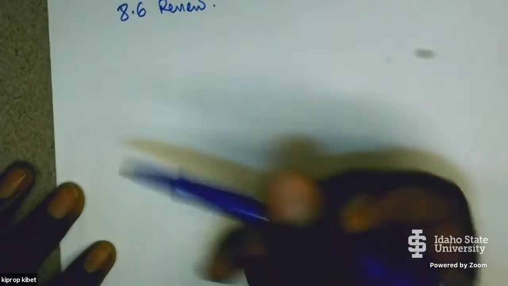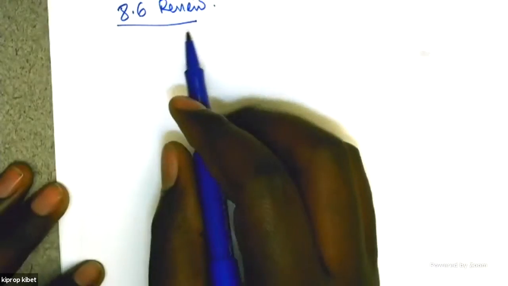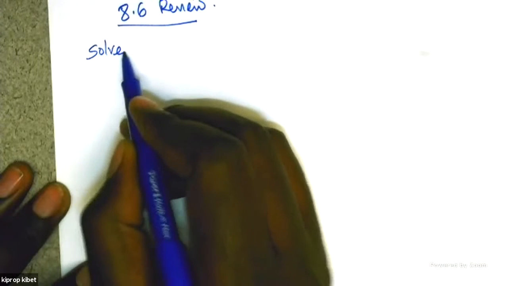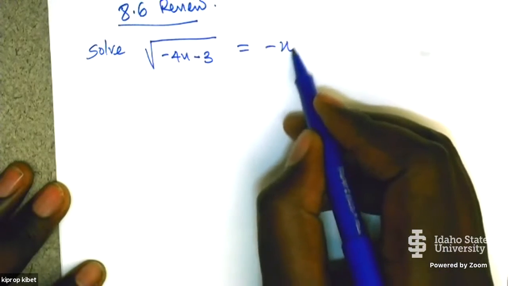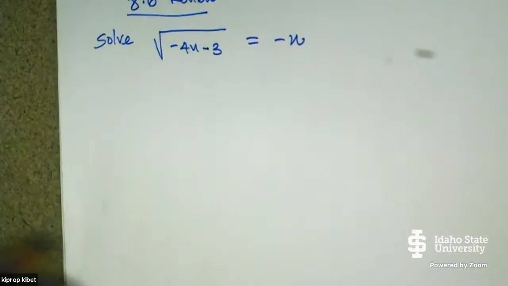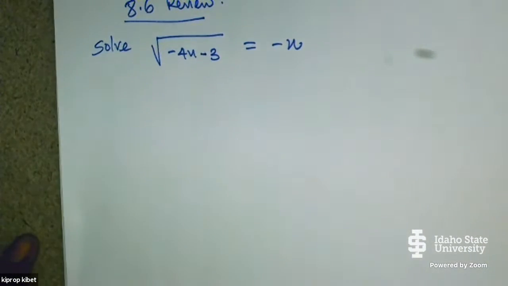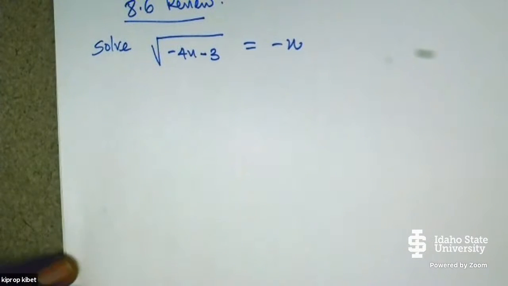So we can review one of the examples. How can we solve, let's say, the square root of negative 4u minus 3 equals negative u?